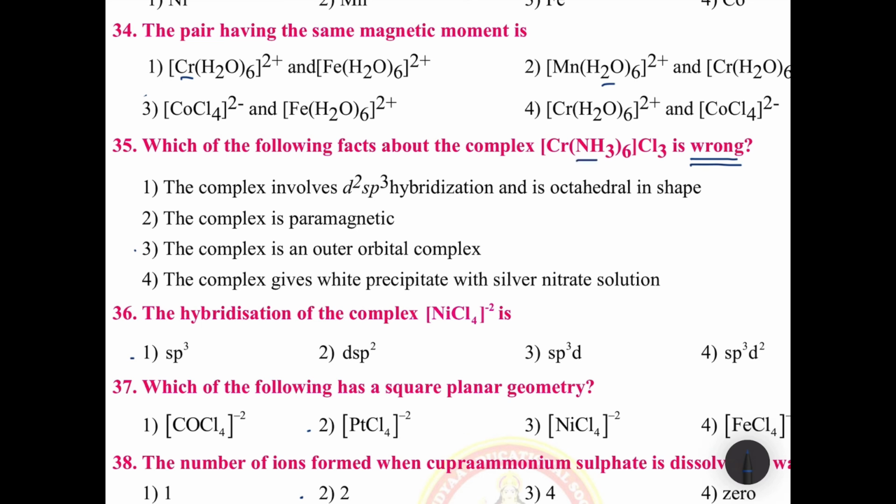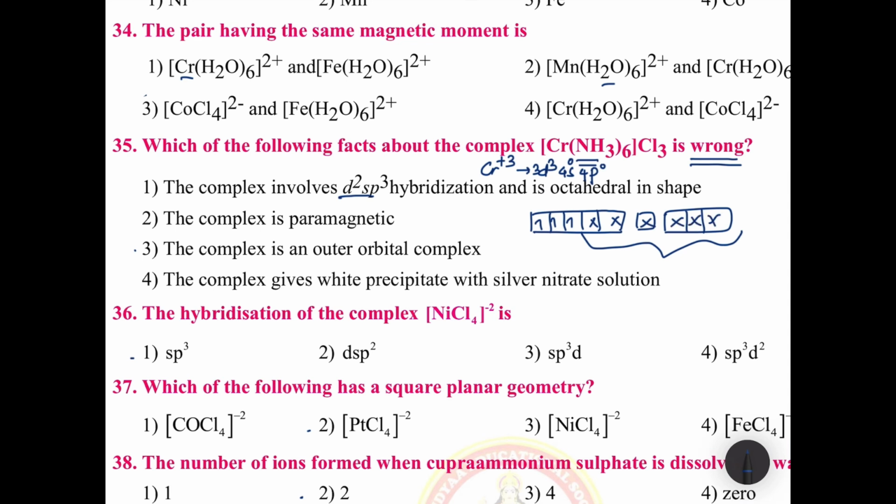When ammonia is there, d2sp3 hybridization. Chromium is in +3 oxidation state, meaning 3d3, 4s0, 4p0 in chromium +3. 3d3 means the electronic configuration will be like this: 1, 2, 3, s orbital, p orbitals, and this is the d2sp3 hybridization.